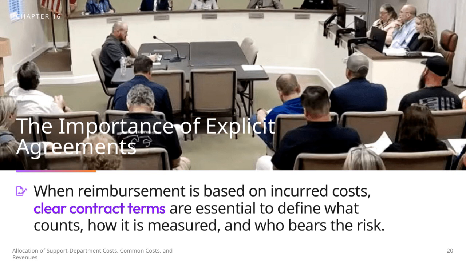Without these explicit agreements, misunderstandings can arise, leading to disputes or inefficiencies. So, the key takeaway here is that clarity in contracts ensures smooth allocation and reimbursement, helping all parties understand their roles and obligations clearly. This forms the foundation for effective cost management and fair revenue distribution.